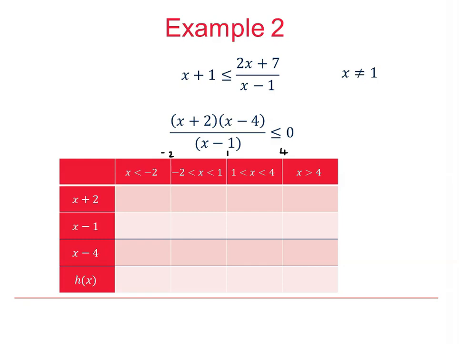Remember though that we have x is not equal to 1, so this value here gives us an undefined value, and that's very important when it comes to looking at the solution. Again, what I'd like you to do now is pause and just work through that solution yourself to see if you can come up with the full solution to this problem.